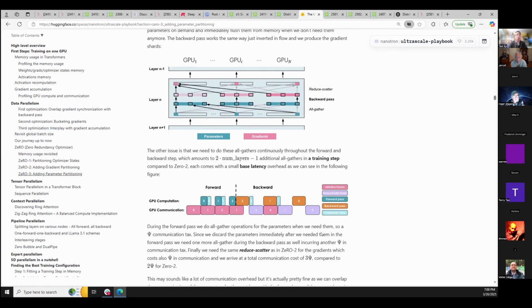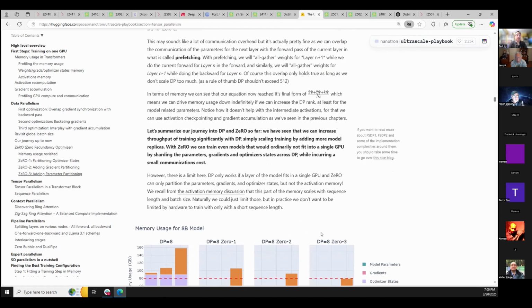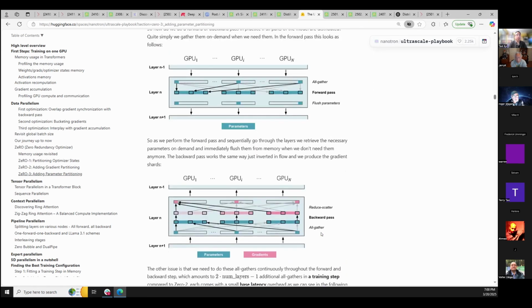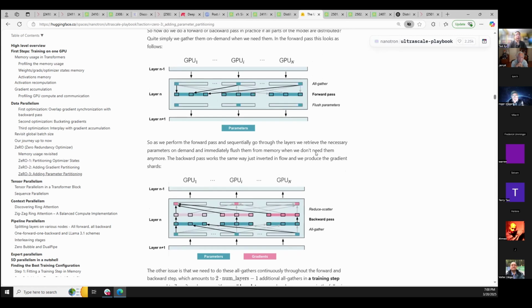I don't know if there's one really great diagram for 0 level 3. I guess this is the diagram we get, or the two diagrams we get. But my understanding of what happens in 0, 3 is that to do the forward pass for layer 17, you need all the parameters for layer 17.